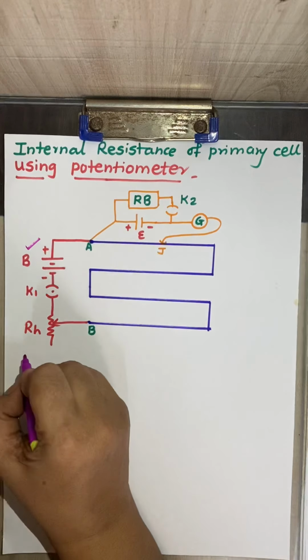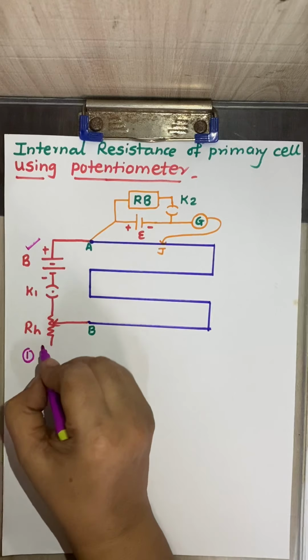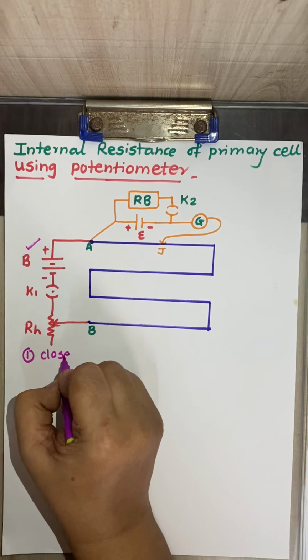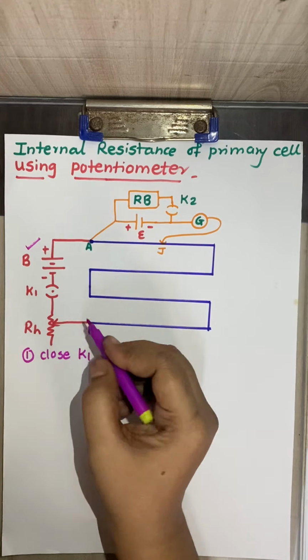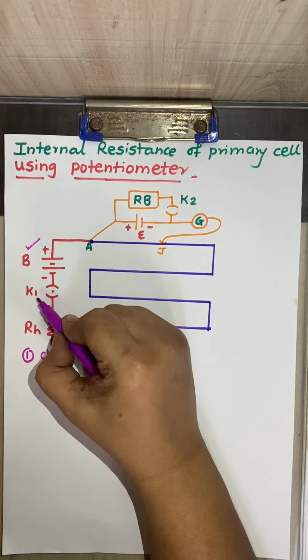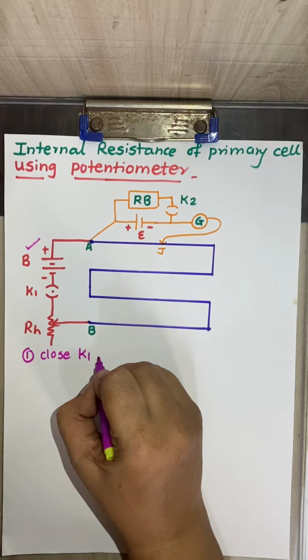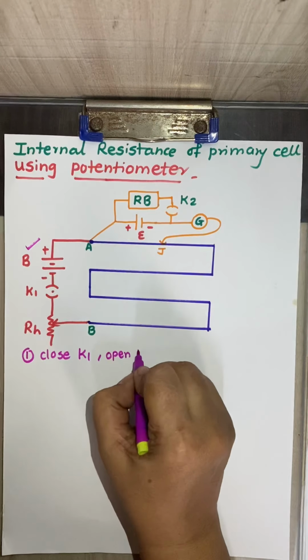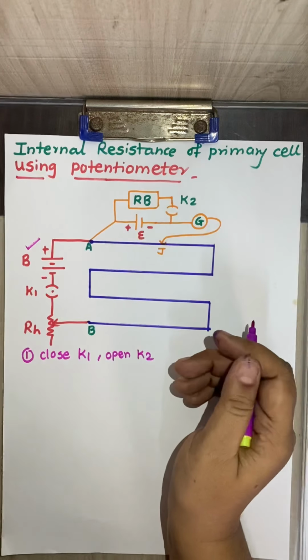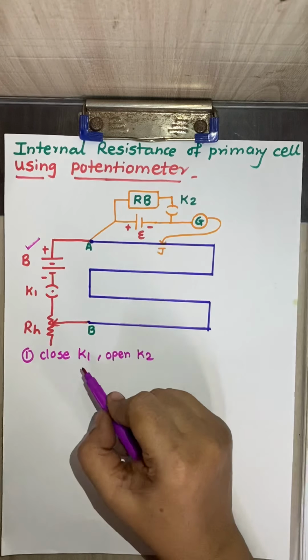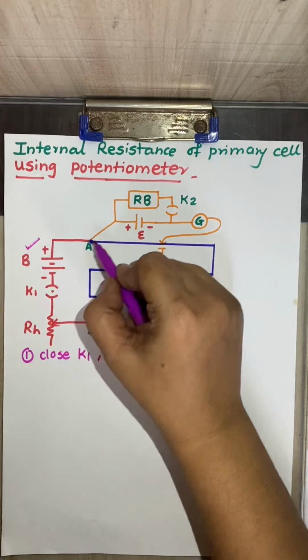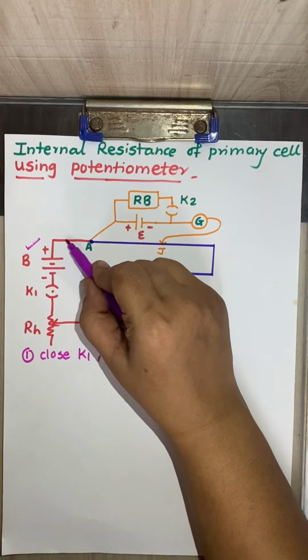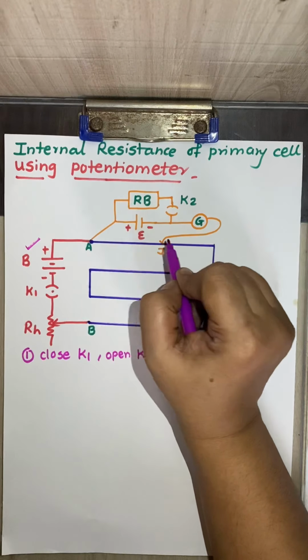First, we close key K1, and at that time we do not close K2, so I will write here: open K2. K2 is not plugged. When K1 is pressed, a constant current flows through the potentiometer wire.